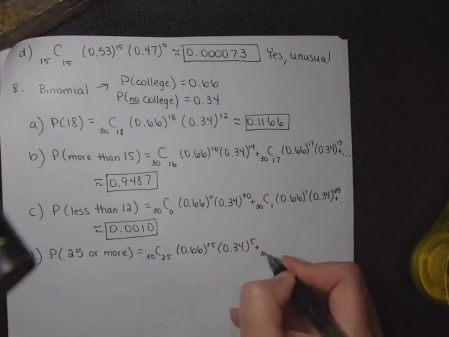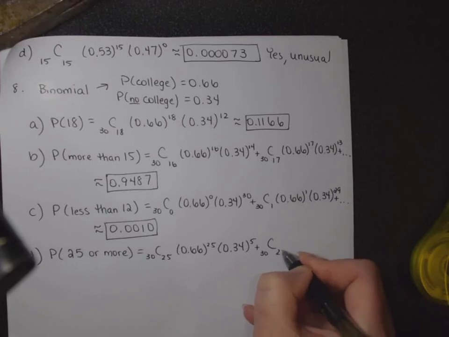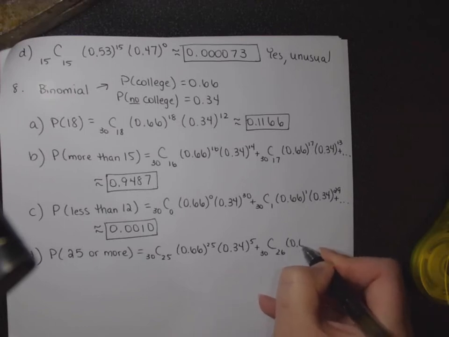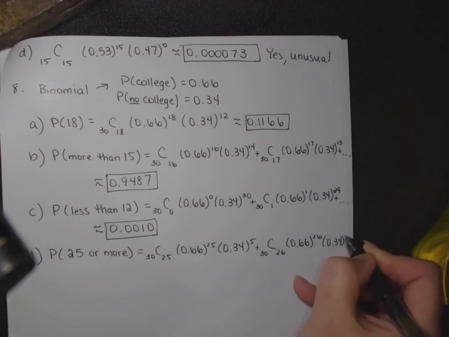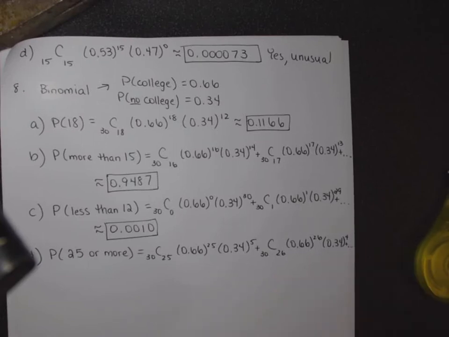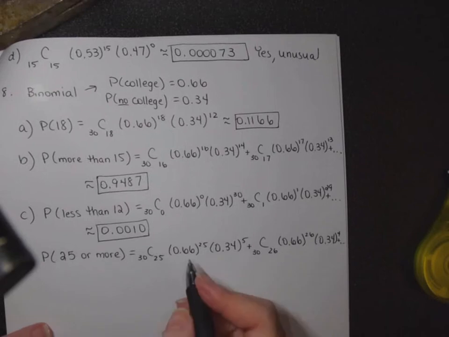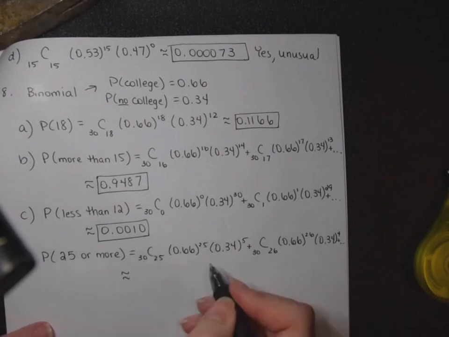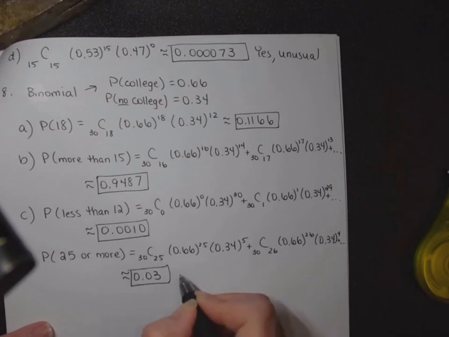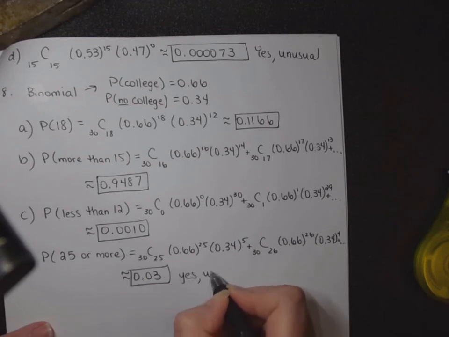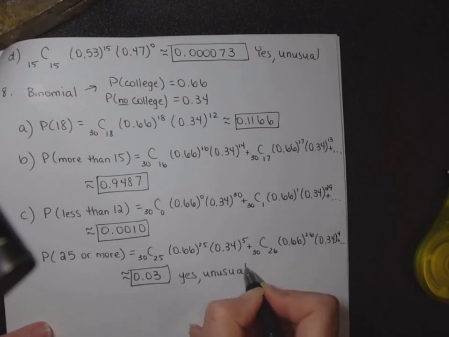Or maybe 26. And then we're going to dot, dot, dot it all the way to 30. If you work that out, this one is probably one you could actually work out. It's not crazy, but you get 0.03. So yes, that's unusual. It's less than 5%.